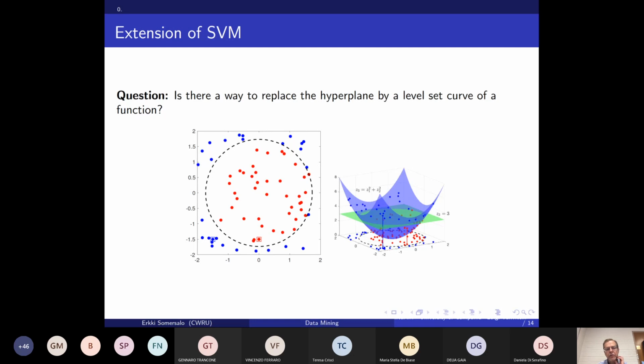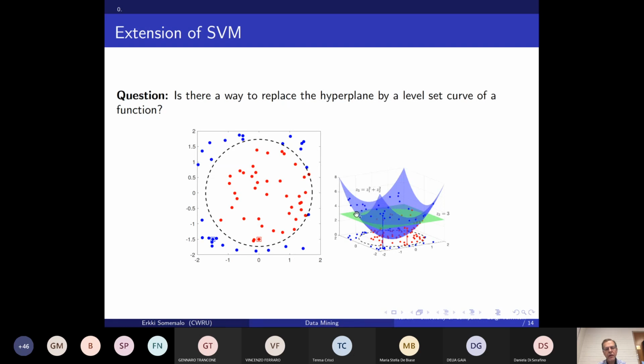So now, talking about level sets, suppose that I extend my data in a third direction. This is two-dimensional data. So now suppose that I embed my data in R3, so that the third component, x3, is the first component squared plus the second component squared.